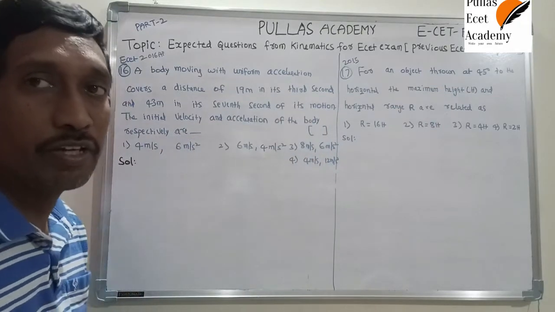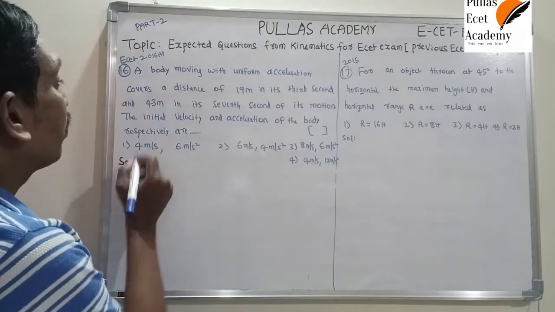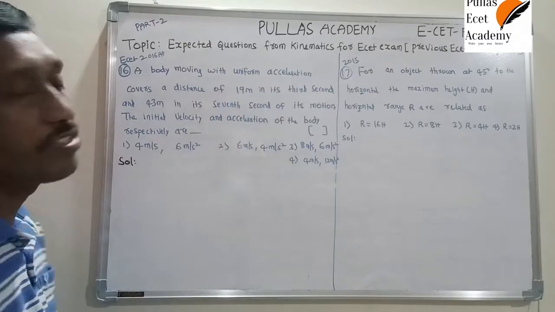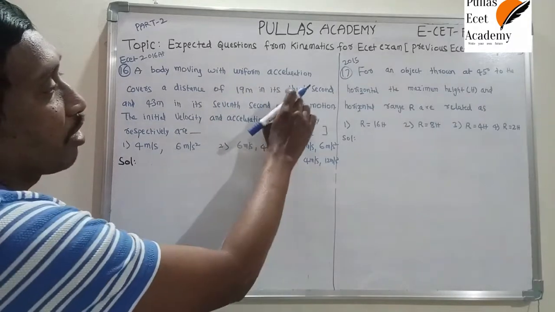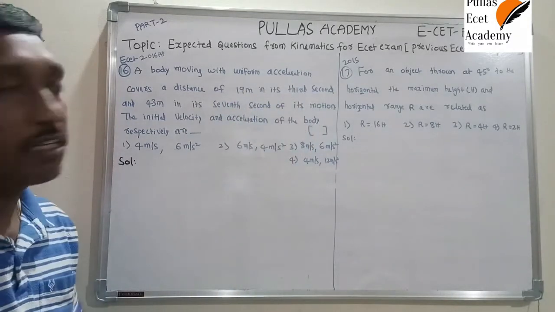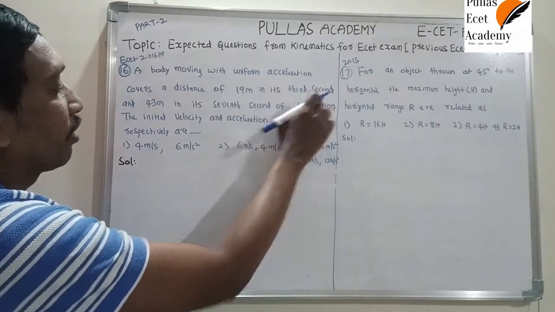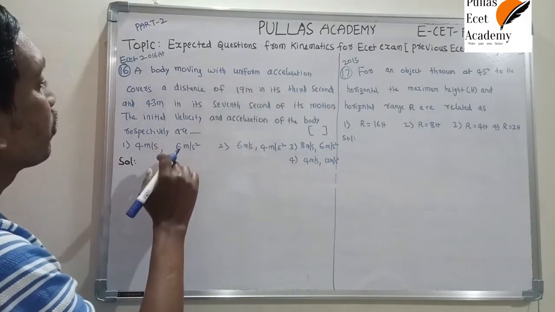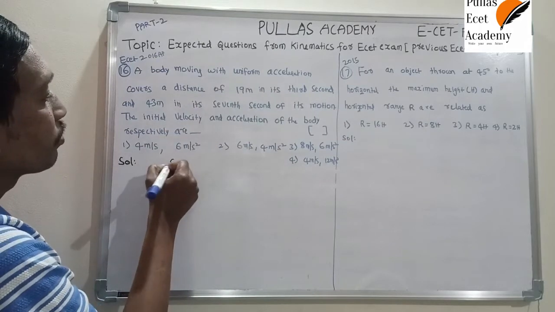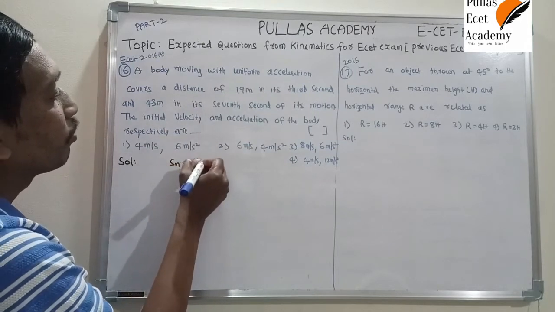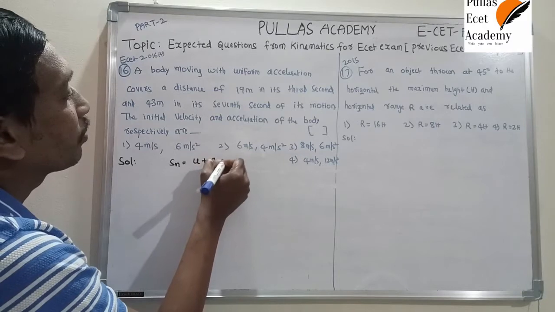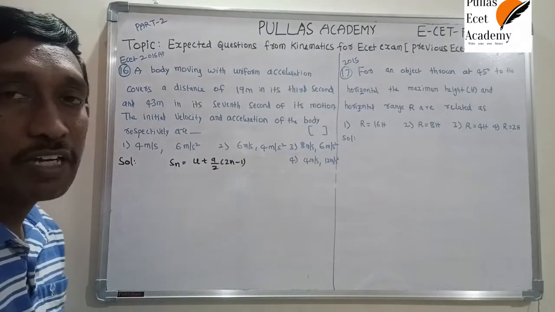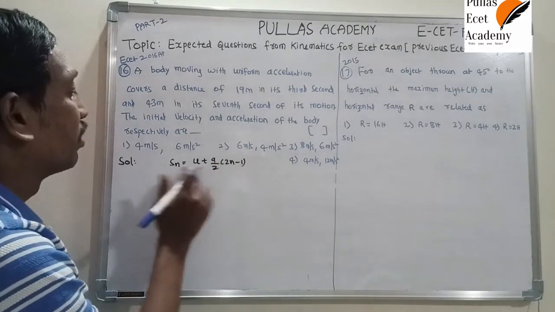Here, listen to me. In the third second, the distance traveled is 19 meters. The third second means a particular time, so use this formula: Sn is equal to u plus a by 2 into (2n minus 1). This is the fourth kinematic equation for a particular second.